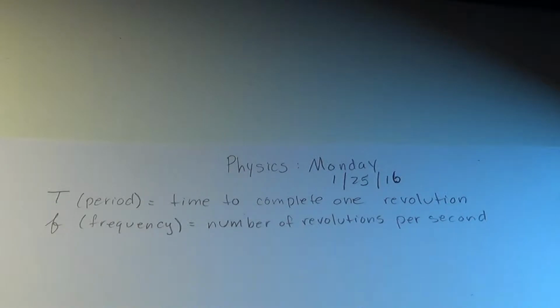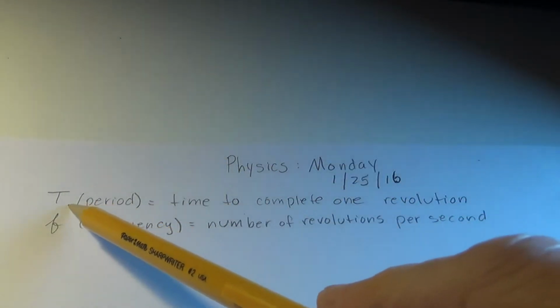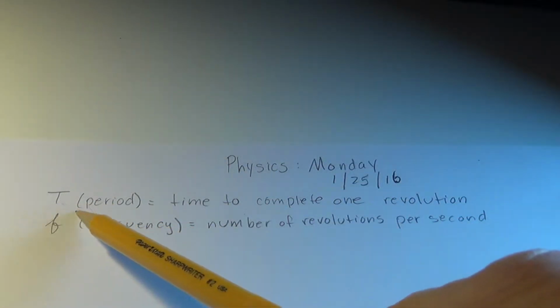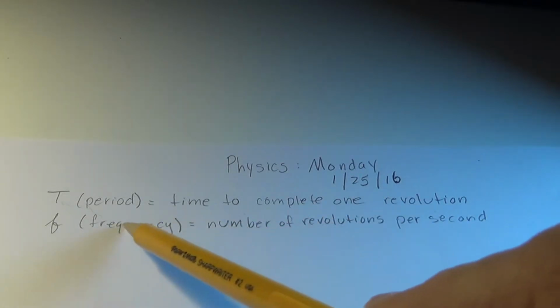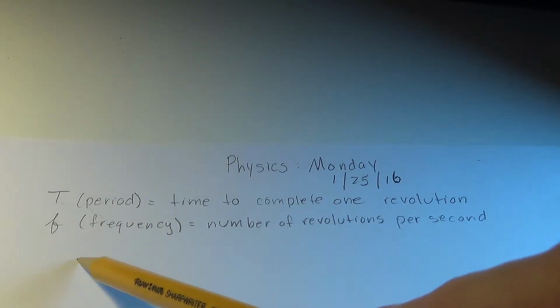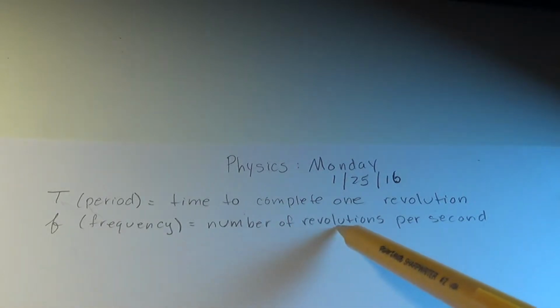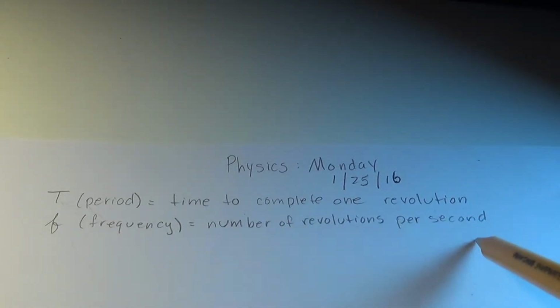So, if you don't have your paper, start with these notes. We discussed the period was symbolized with the T, perhaps for time, because it is the time to complete one revolution. And the frequency is the number of revolutions in 1 second.